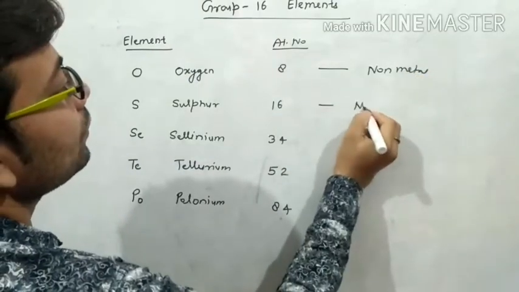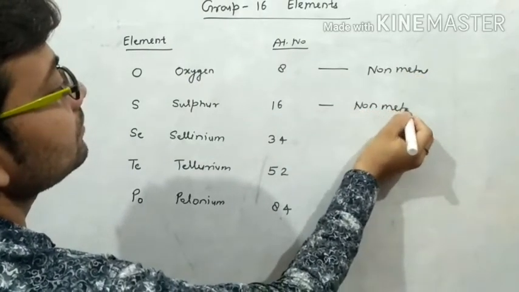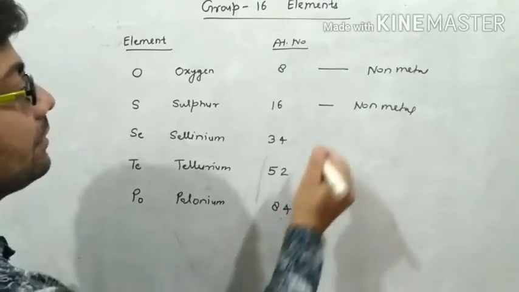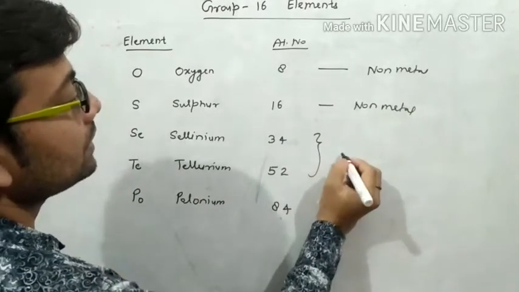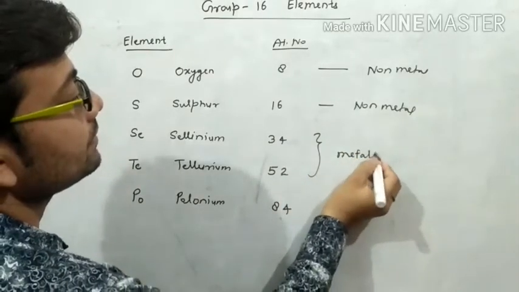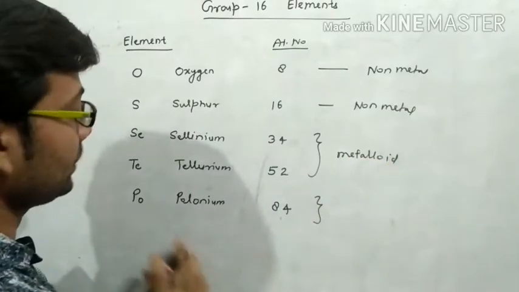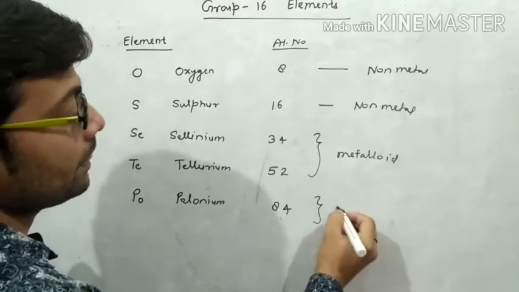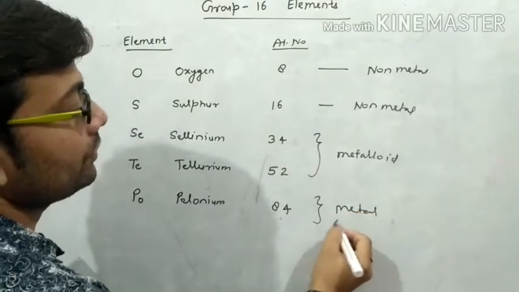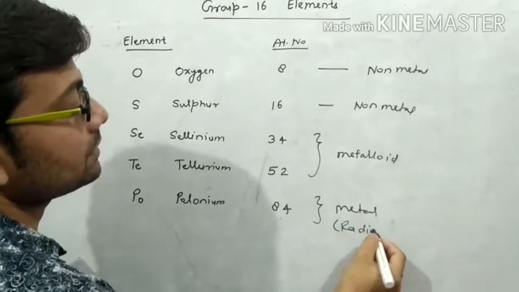Sulfur is also a non-metal. Selenium and tellurium are both metalloids. And polonium is a metal, which is a radioactive metal.